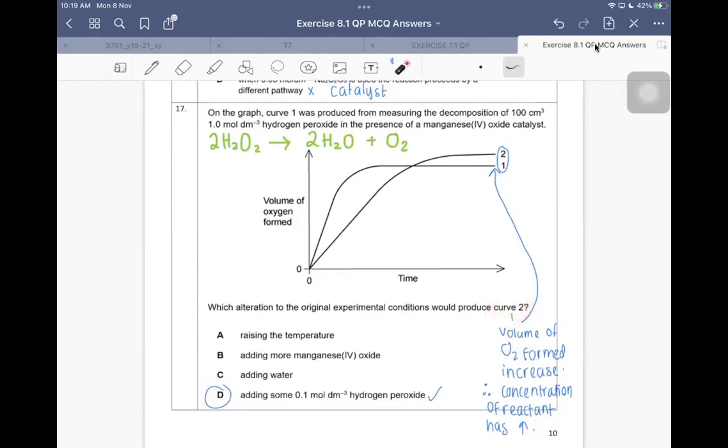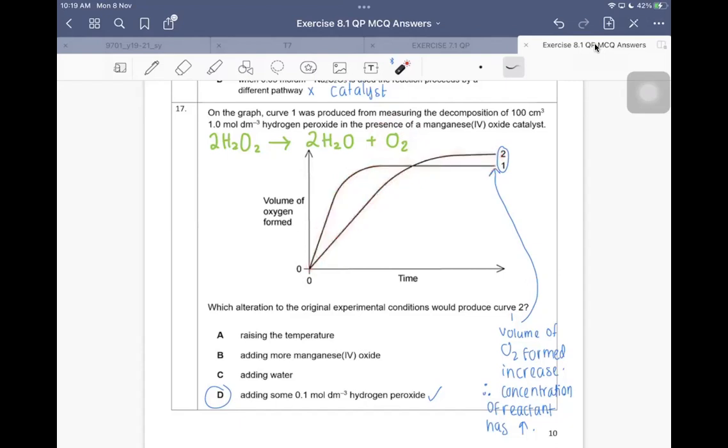My first hint is that, look, your y-axis is the volume of oxygen produced. So you have an increase in products. You see, graph number 2 ends up producing a bigger volume of oxygen than experiment 1.